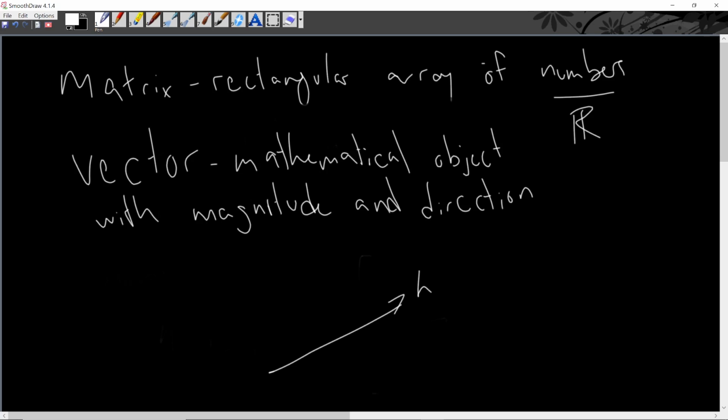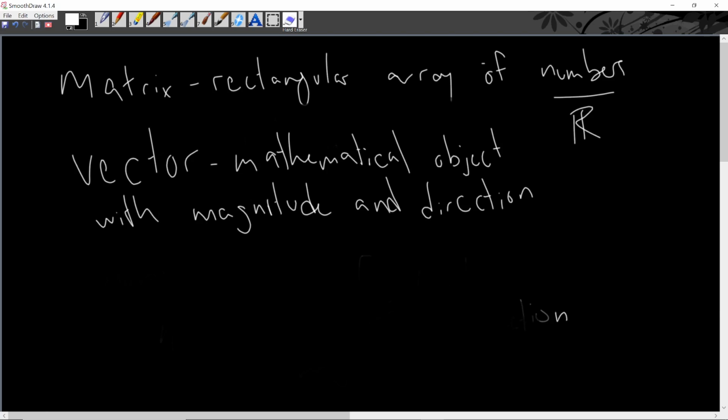This will be the head of the vector, this will be the tail of the vector, and this is the direction that it's facing, going up and to the right. That's not the correct way to say it, but the direction is in that way. And the magnitude is going to be the length of the line segment. This is probably the most common definition of a vector: a mathematical object with magnitude and direction.